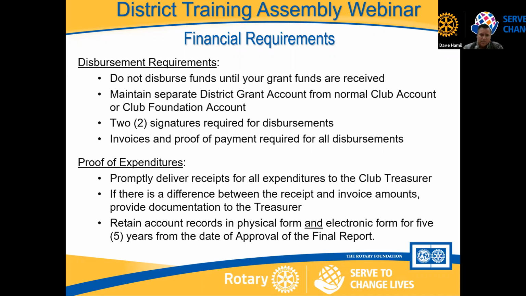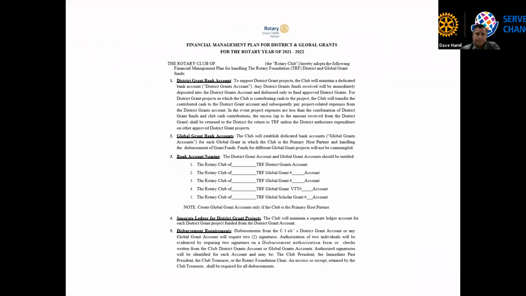And then we also ask clubs to retain in physical and electronic form all of the receipts. That's going to be your grant application itself, the final grant report, and then all of the receipts associated with that grant. So please hold on to that.